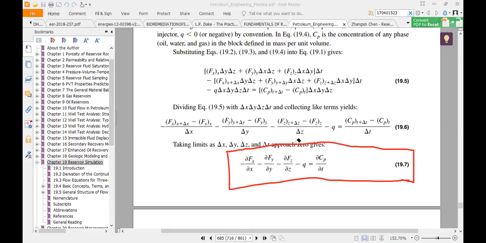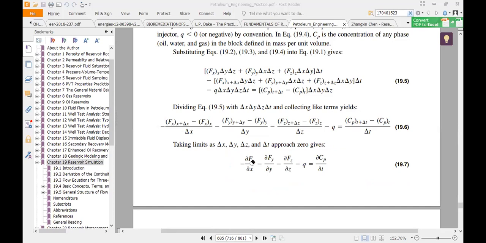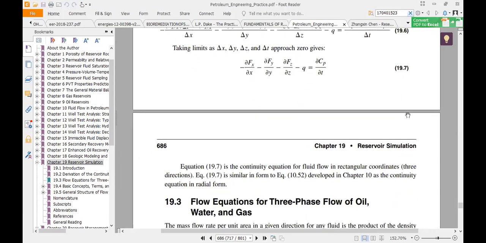So this is a partial differential equation. The F here is mass per unit area, and this is a concentration term. This equation 19.7 is the continuity equation for fluid flow in rectangular coordinates.